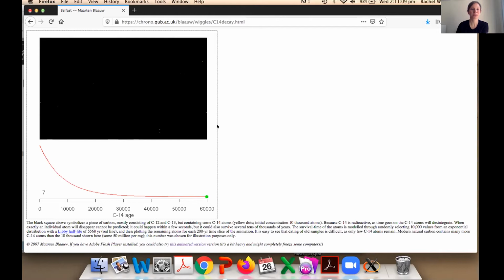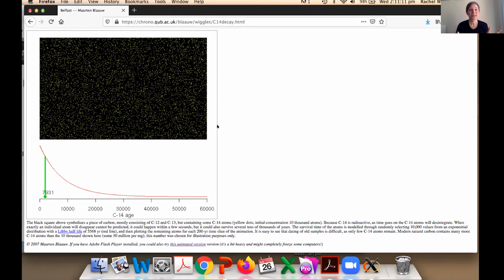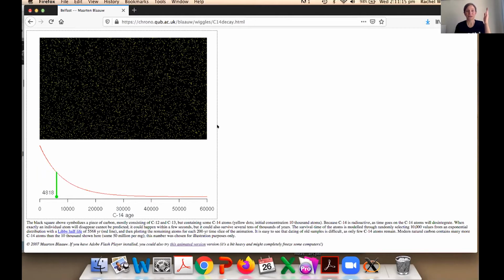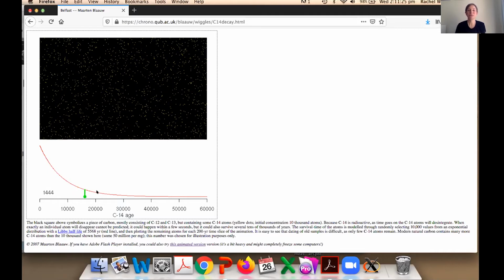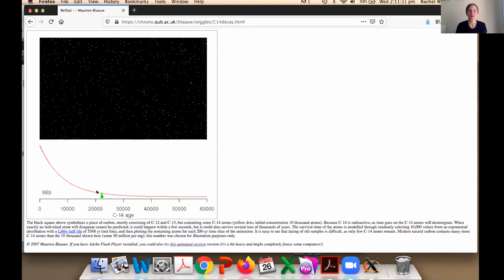Okay, so right at the start, you can see that there's lots and lots of carbon-14 atoms, and lots of them are decaying. So we have this really rapid decrease at the beginning, up to about 10,000 years. And by the time we get to about 20,000 years, we don't really have that many carbon-14 atoms left. So we have a much slower rate of change.